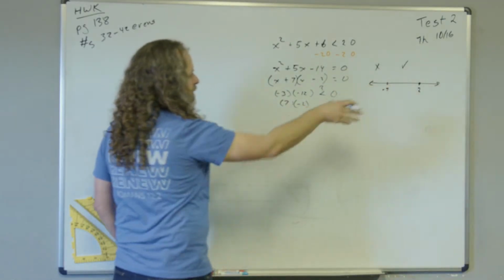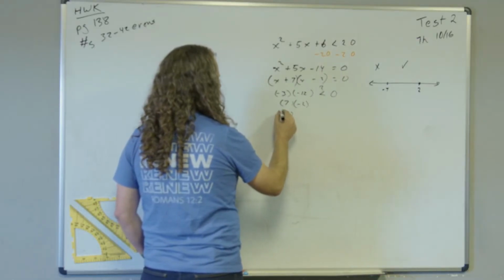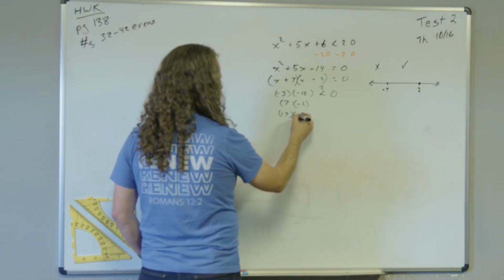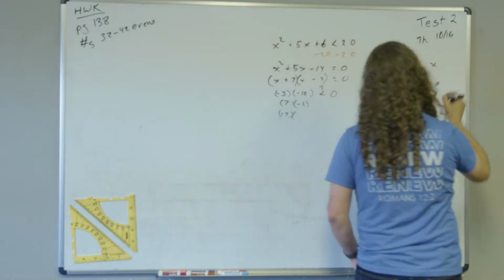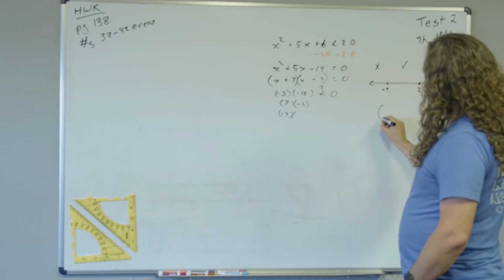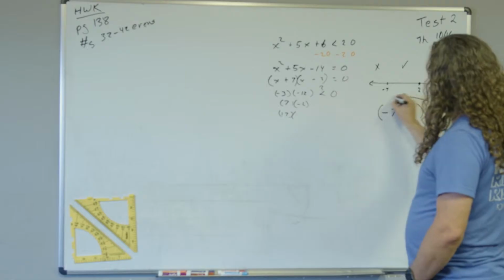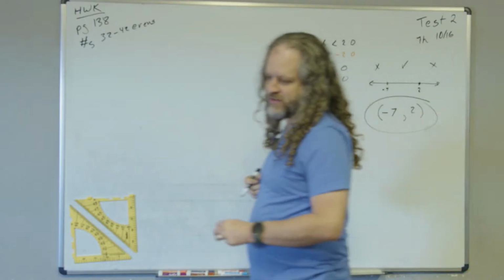If we plug in something bigger over there, positive 10, we get 17 positive times positive 8, positive, doesn't work. So our answer is between negative 7 and 2, not inclusive. It's between those chunks.